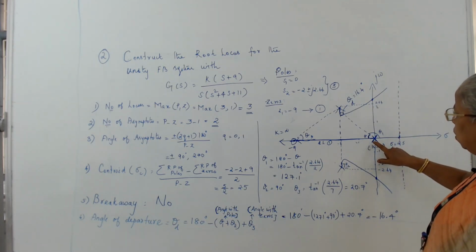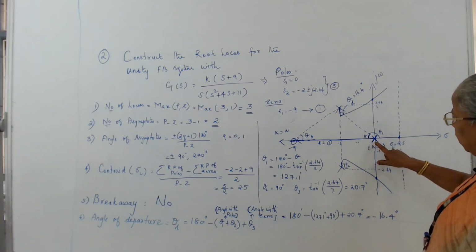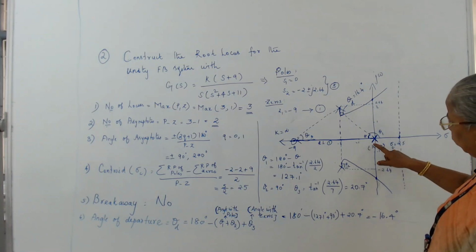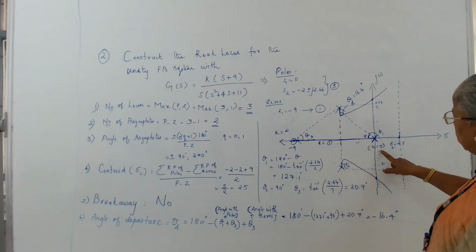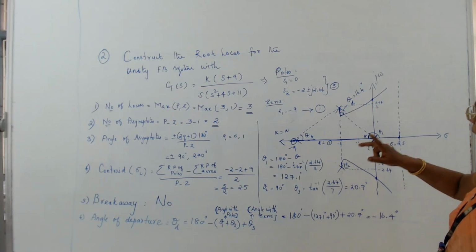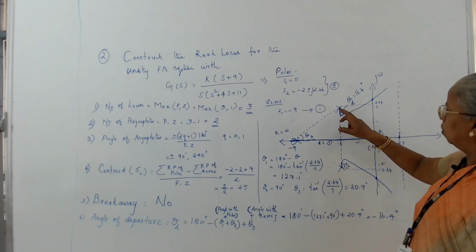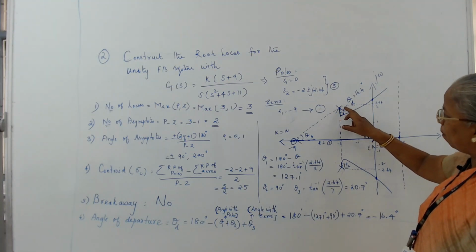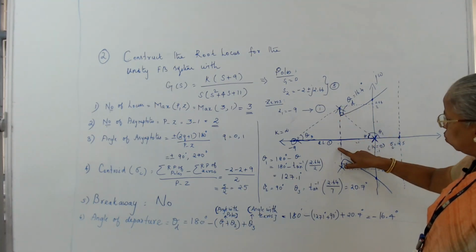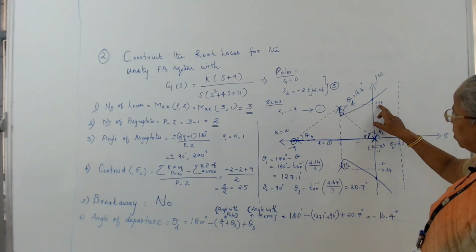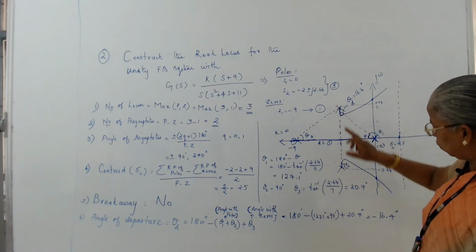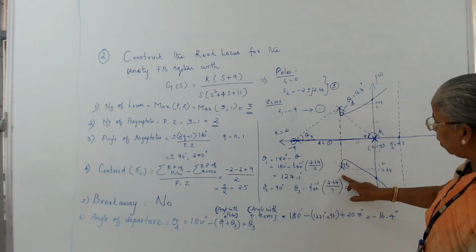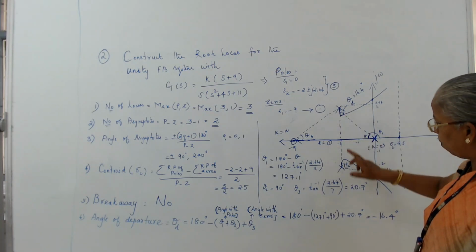This is one pole, where, as I already told you, the value of k is 0. And another pole is the complex pole, -2 plus or minus j 2.64. This is plus 2.64, this is minus 2.64. So these are the two complex poles.